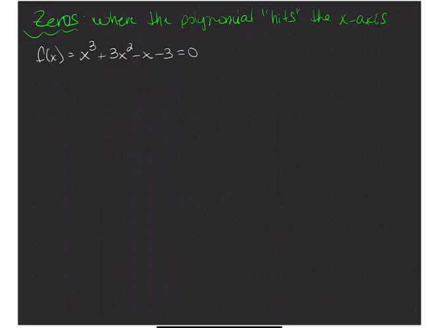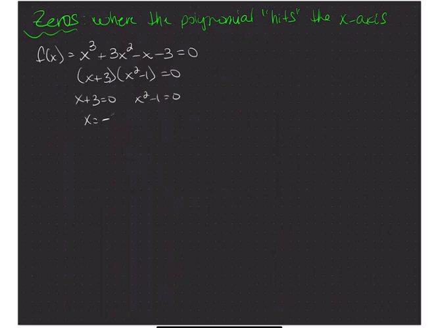Just to save a little bit of time, when we factor it, we're going to get x plus 3 times x squared minus 1 equals 0, right? And then if you want to solve these, the zero product property says that if you're multiplying, one of them has got to be 0. So either x plus 3 has to equal 0 or x squared minus 1 has to equal 0.